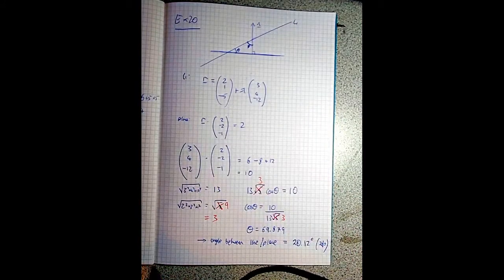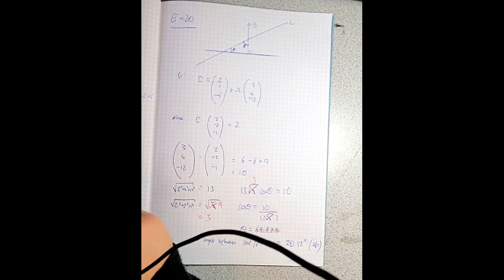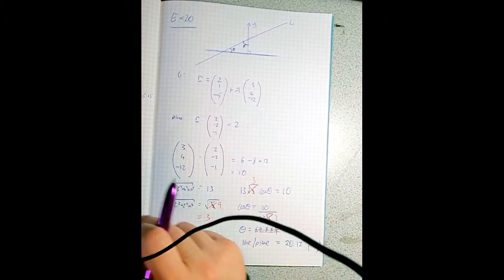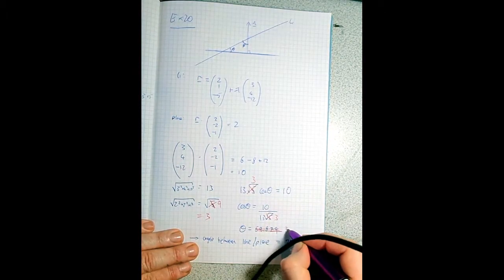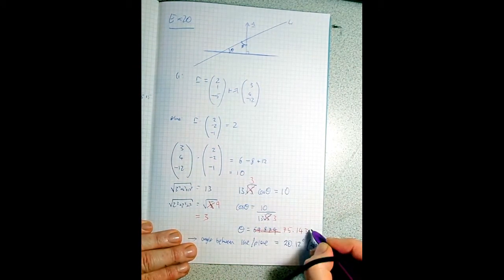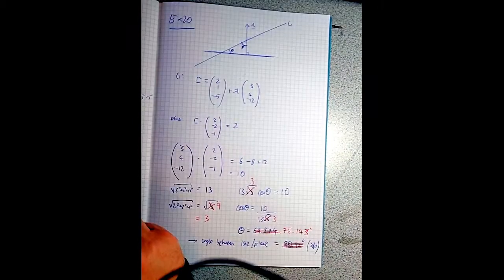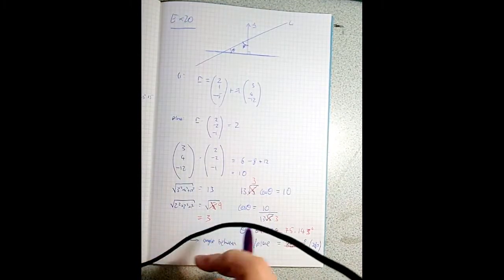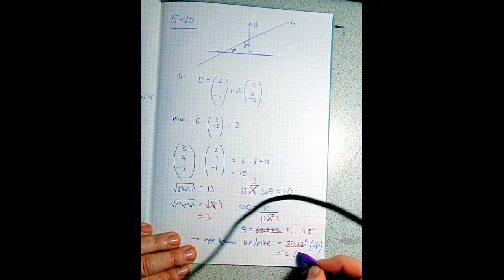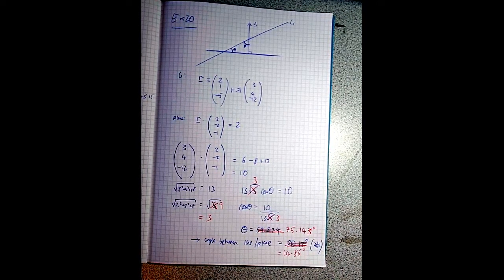Try that again. 10 over 39 gives me 75.143. So the angle between the line and the plane is 14.86. Of course it is. What an idiot. Forgive me.